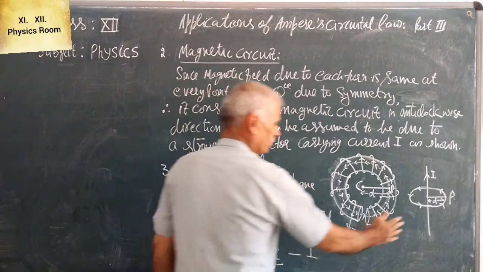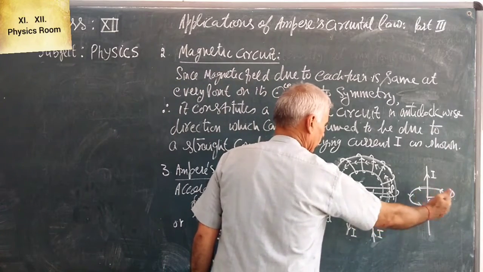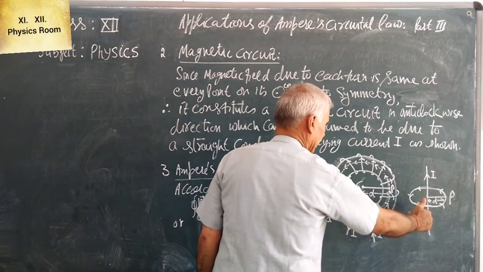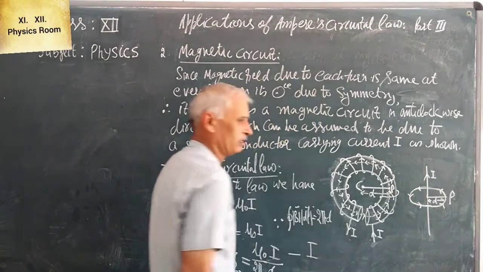So here you can apply the right hand grip rule again. So magnetic lines of force are anti-clockwise, and then current is flowing upward.